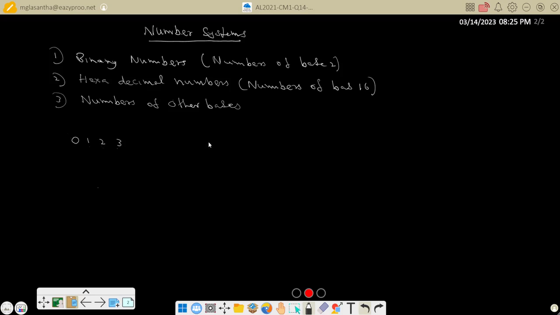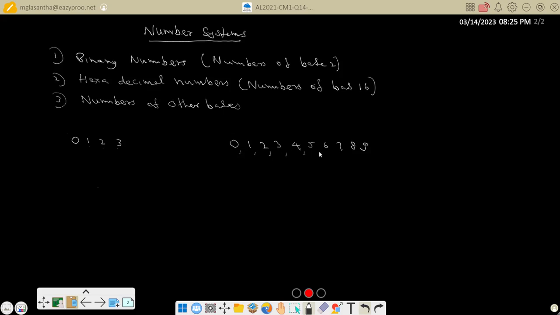But for our familiar numbers, that means decimal numbers, the numbers of base 10, you use the symbols 0, 1, 2, 3, 4, 5, 6, 7, 8, 9. These are 10 symbols, right?